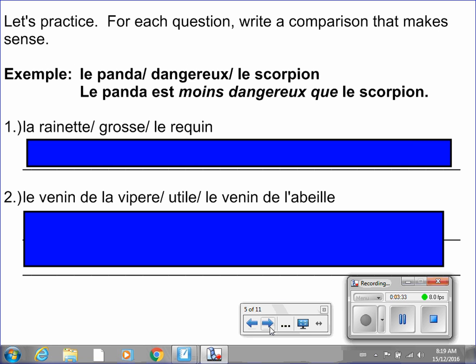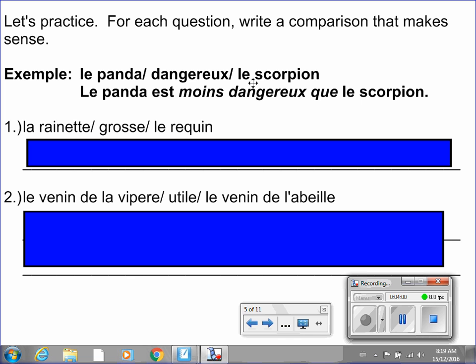All right, so I'm going to show you two samples here. And for each of these sentences, what I've done is I've made a sentence in which I'm comparing two things. Let's look at the first example in bold. We have le panda, dangereux, le scorpion. So I've got panda, dangerous, scorpion.